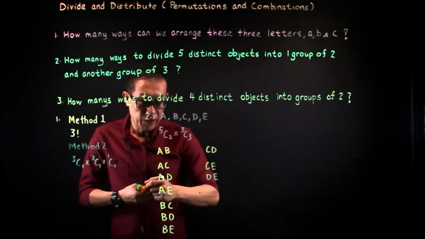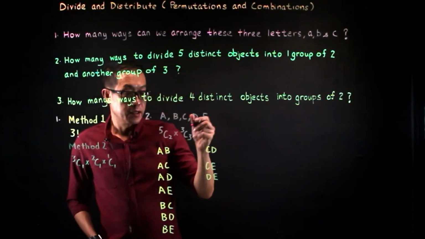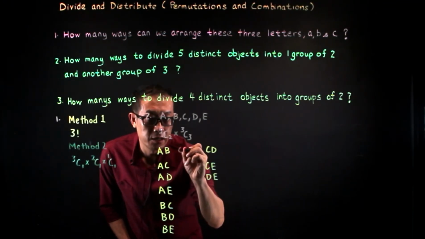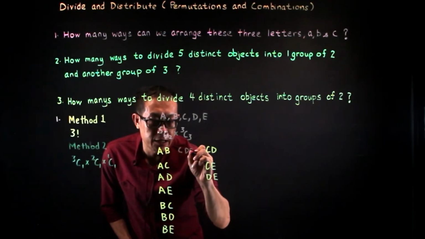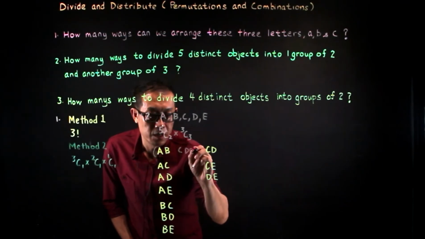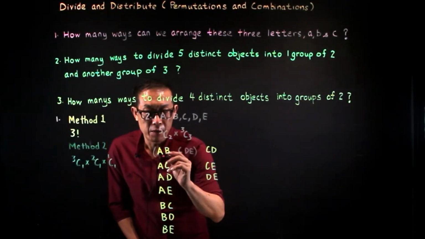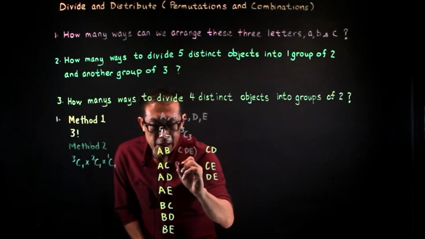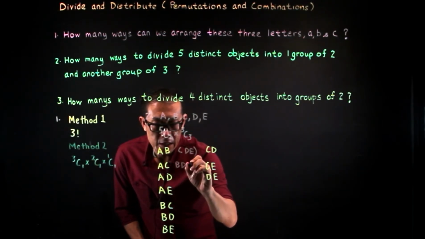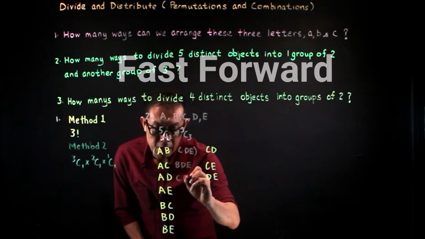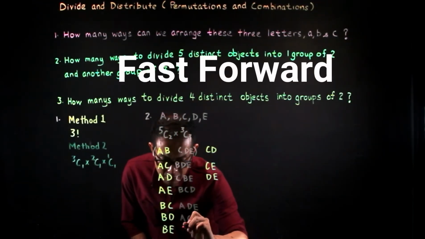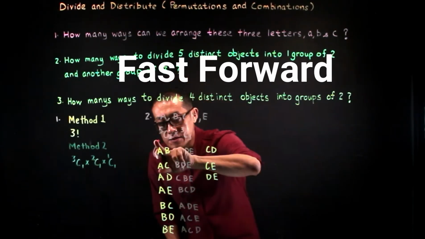Now, if A, B are chosen, then the rest will be C, D, and E. Alright, this one forms a group. Okay? And how about this? AC. Then you have B, D, E. This one has C, D, E. B, C, D. You have A, D, E. This one has A, C, E. You have A, C, D. And then that is all right.